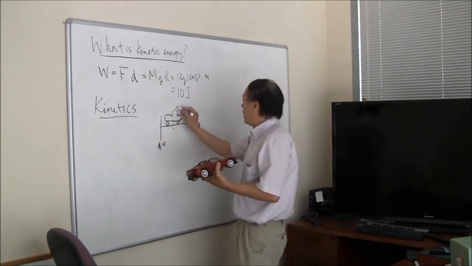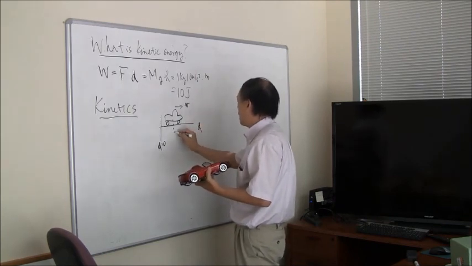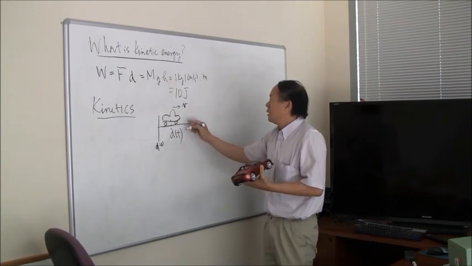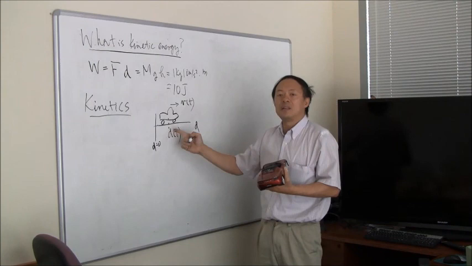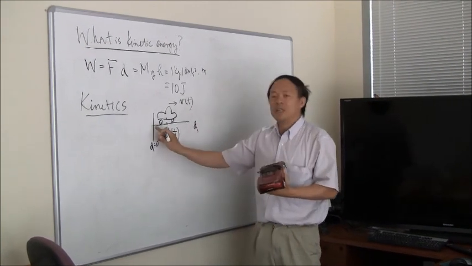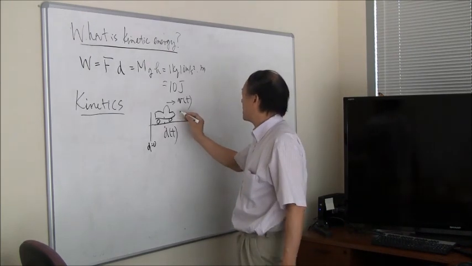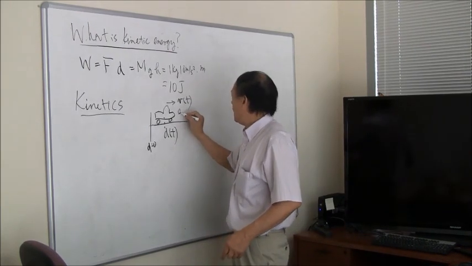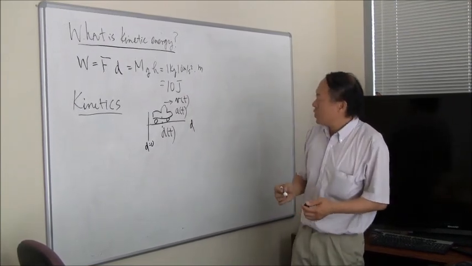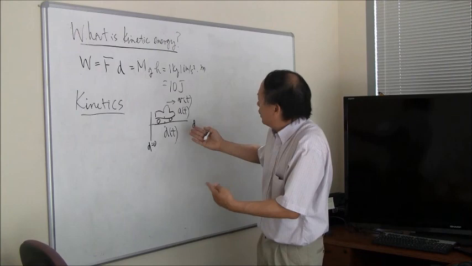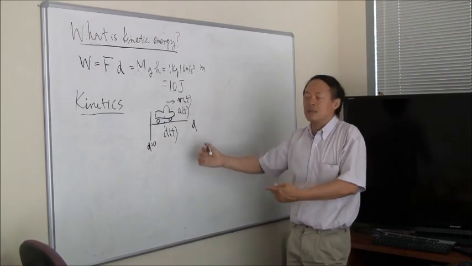The car may also be moving with a velocity. So at time t, the velocity is v of t. At time t, the distance of the car from d equals 0 is d of t. And also, we may say it's accelerating at a rate of a of t, as a function of time. So we would look at the relationship between d, the distance, v, the velocity, and a, the acceleration.